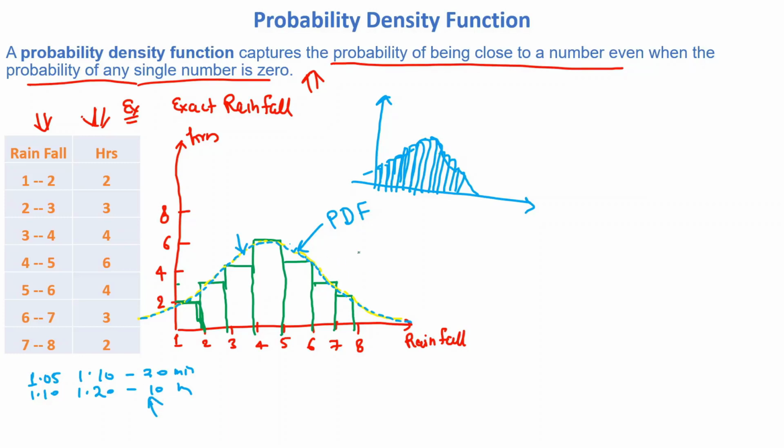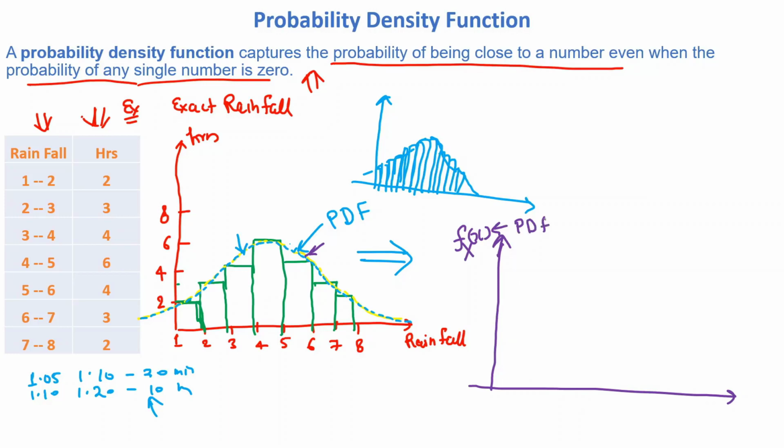Let's draw a different graph using this probability density function. Once we use this line, our y-axis becomes f of x. This is called your probability density function, and this is your x line. Here in our case this is your rainfall. If we draw something, this particular line is called the probability density function line.